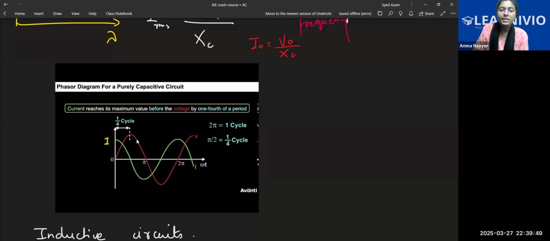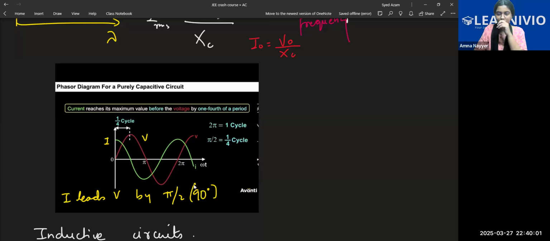This is the voltage. So we can say current leads voltage by 90 degrees, which is pi by 2. This statement is important for you to remember, which is leading the other quantity. So this is how you get the graph.